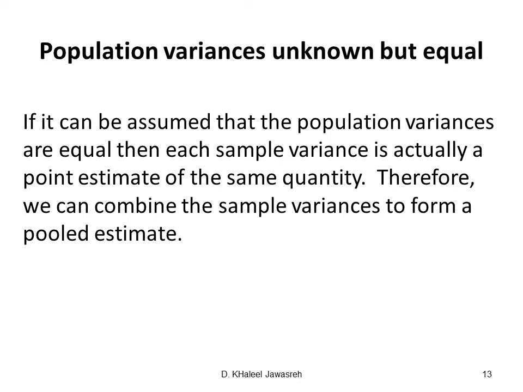If we are dealing with unknown but equal variances in certain populations, it can be assumed that the population variances are equal. This is the first assumption. Then each sample variance is actually a point estimate of the same quantity. This is the second. Therefore, we can combine the sample variances to obtain the pooled estimate for those two unknown variances of the two populations.